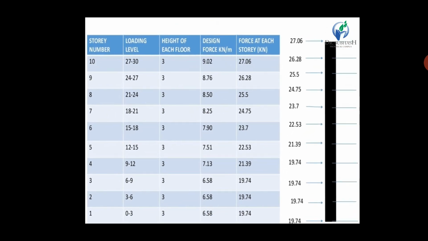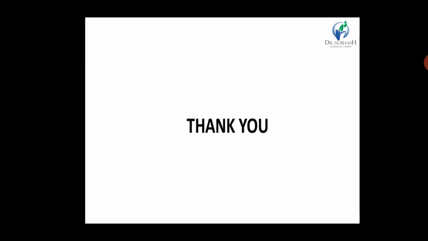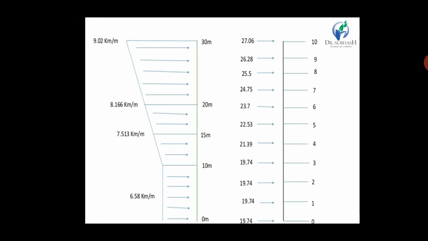Likewise we calculate the building lumped mass at different story heights. Now you can see the wind pressure at different story heights in our case. At different heights, from 0 to 10 meter our wind force is constant.